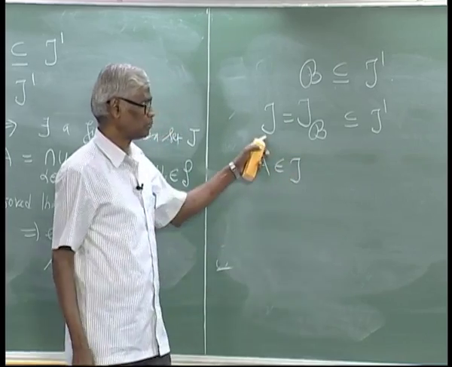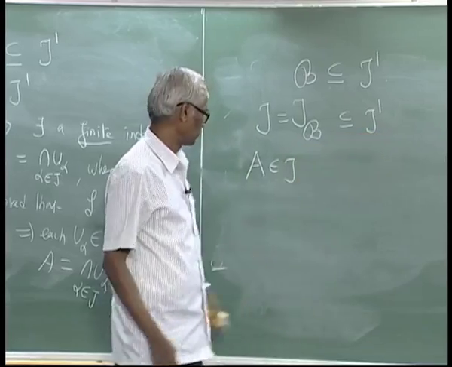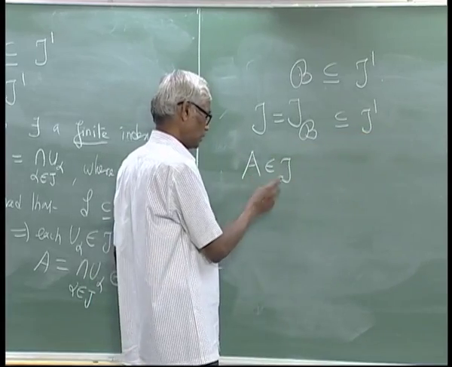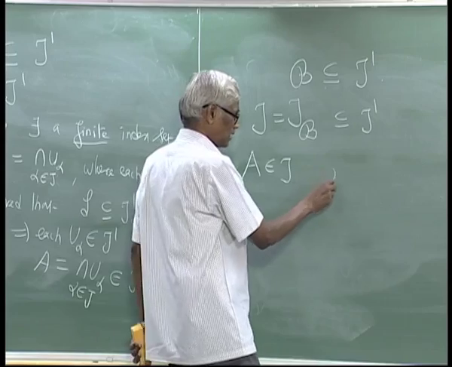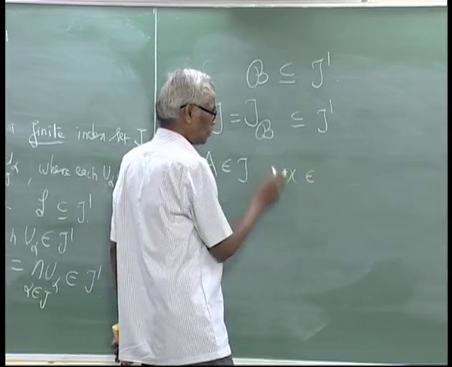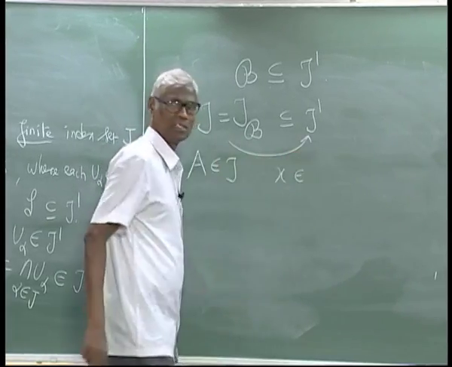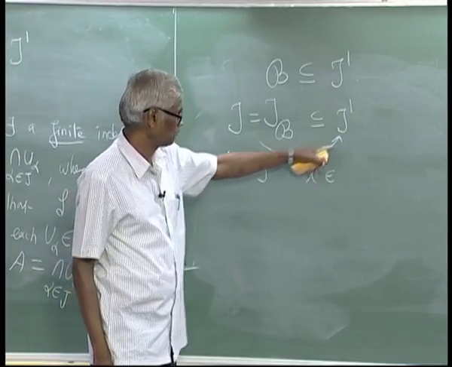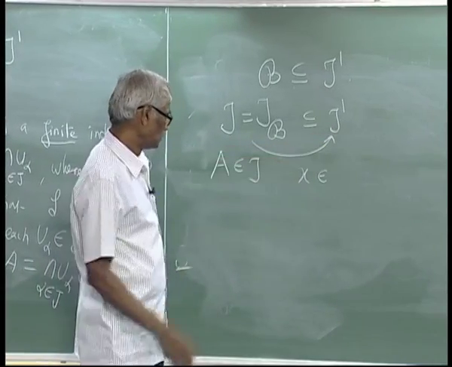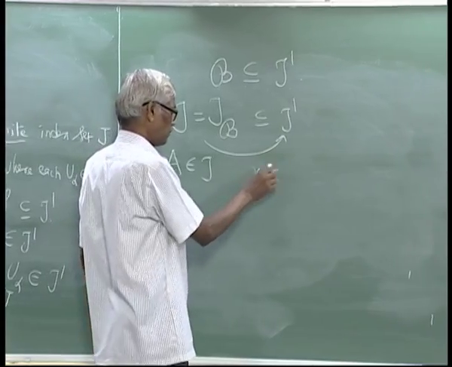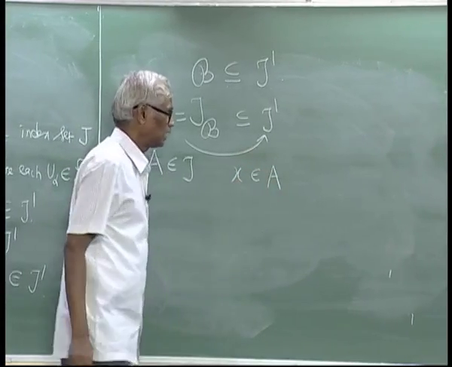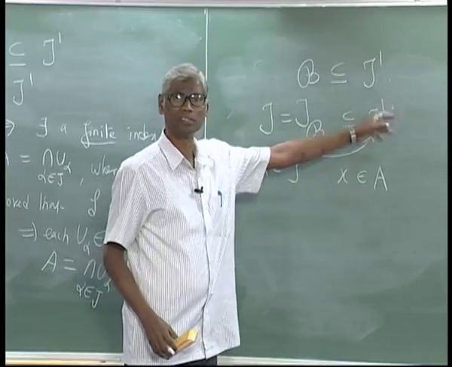If A is the empty set it is in tau prime, so assume that A is non-empty. Then we have to prove that it is open in X with tau prime.